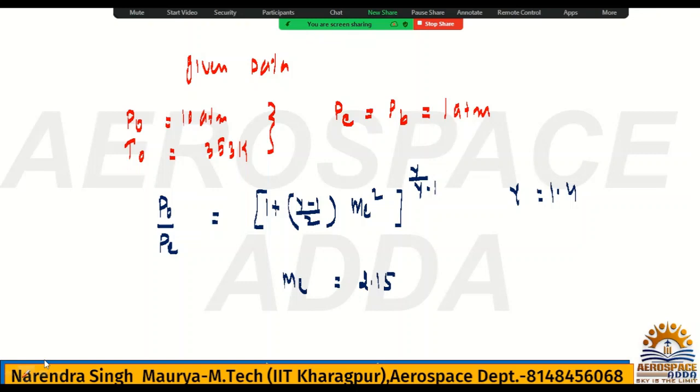From this formulation, the exit Mach number will be 2.15. This is supersonic.